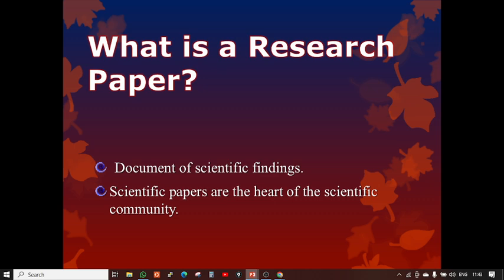These communities continuously write papers in the form of journals and contribute their findings, which helps each other know what type of research is going on.